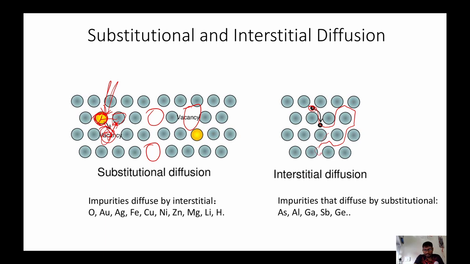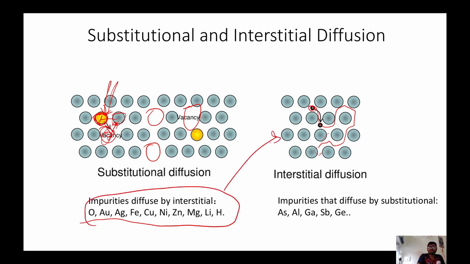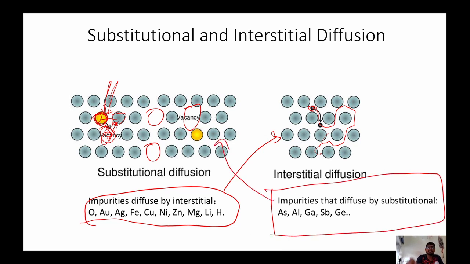So the requirement for the interstitial diffusion is that the impurity size should be small. Okay, these are the kind of impurity atoms which move through interstitial diffusion, and these are the atoms which are of similar size to silicon. They move through the substitutional diffusion method. Okay.